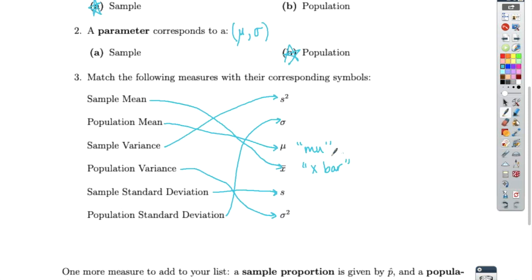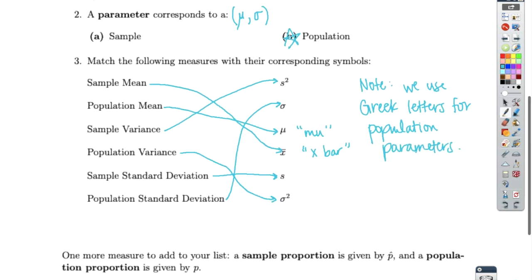Those are all the important statistics and parameters that we know so far. Just a note: we use Greek letters for population parameters.